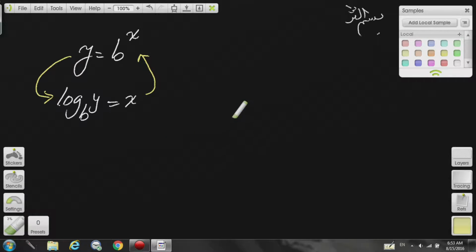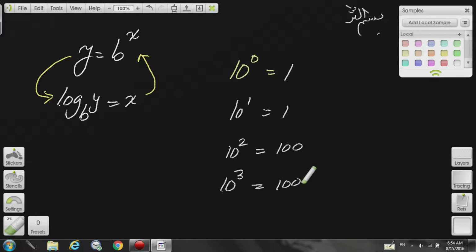The second thing I like to suggest is this. Now watch. 10 to the power of 0 is what? That's 1. 10 to the power of 1 is 10. 10 to the power of 2 is 100. 10 to the power of 3 is 1000.